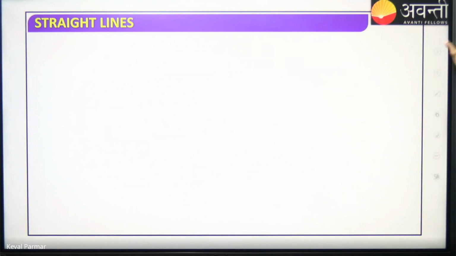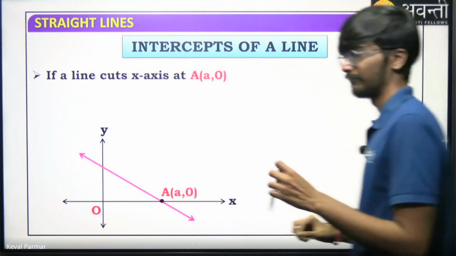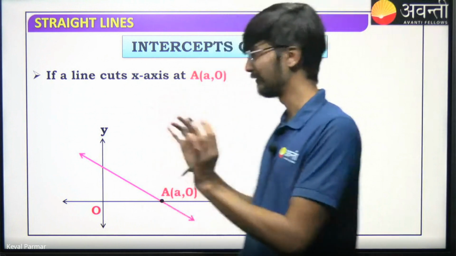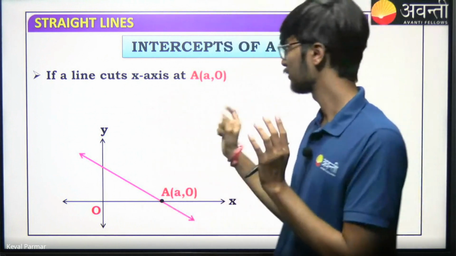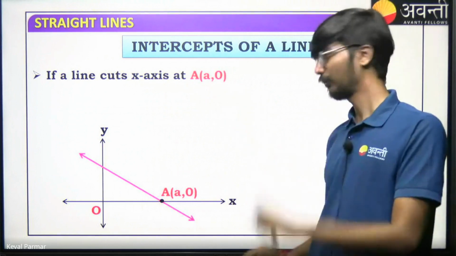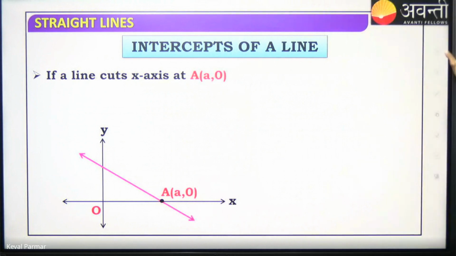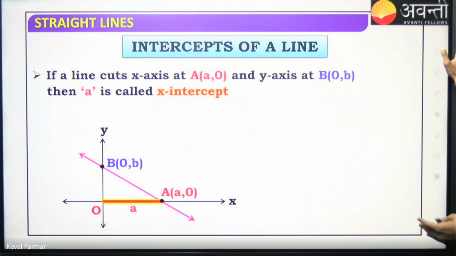Let's see what are intercepts. Here I've made an animation so you can see easily. If a line cuts the x-axis at point A comma 0, and let's say it cuts the y-axis at 0 comma B, then A is called the x-intercept.